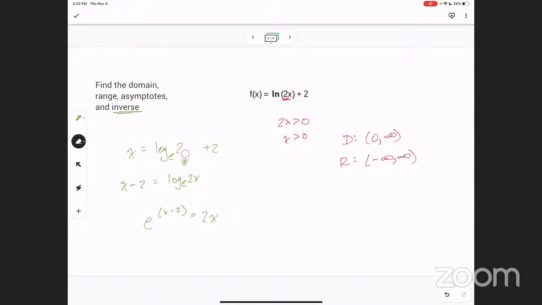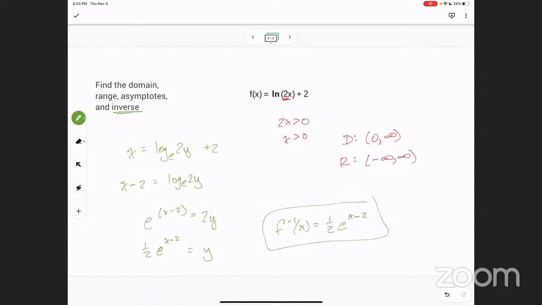Sorry, I made a mistake there. This is y. My bad, that was careless. And then if you divide it by 2, you get the y. Or multiply by 1/2 is a better way to think of it. So 1/2 times e to the x minus 2.